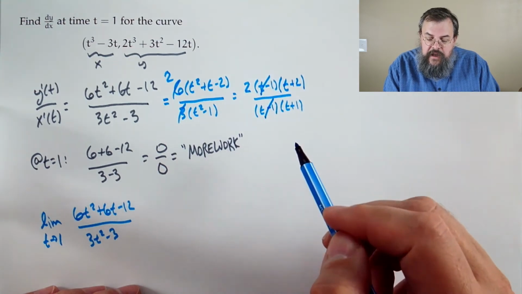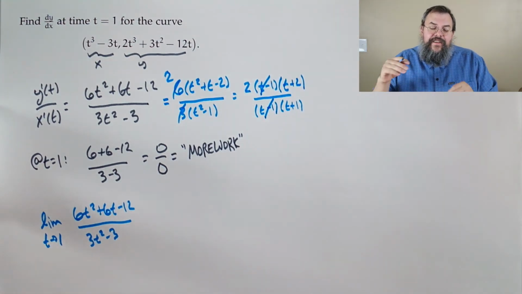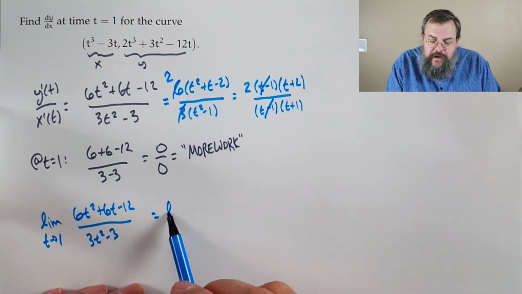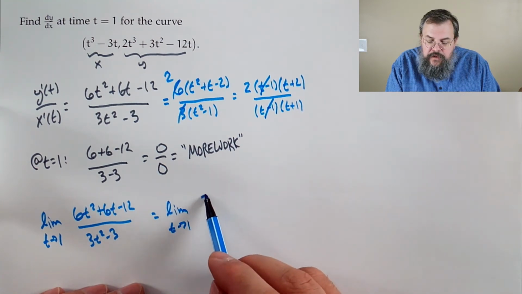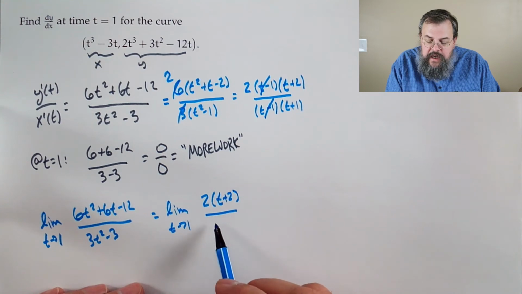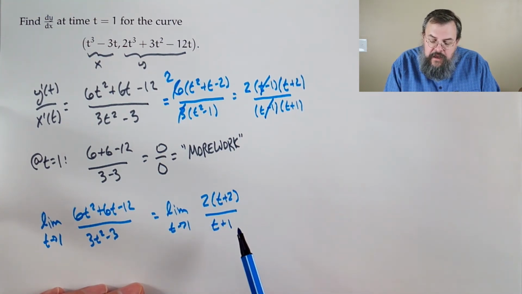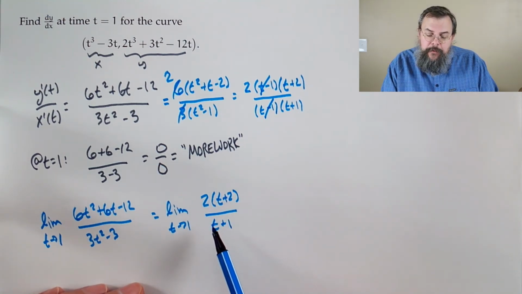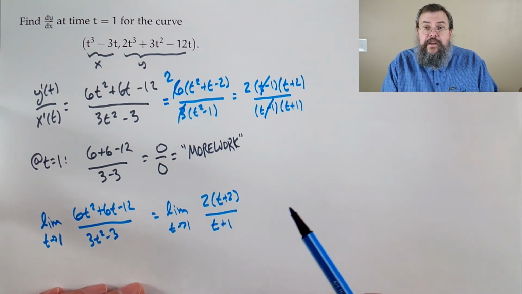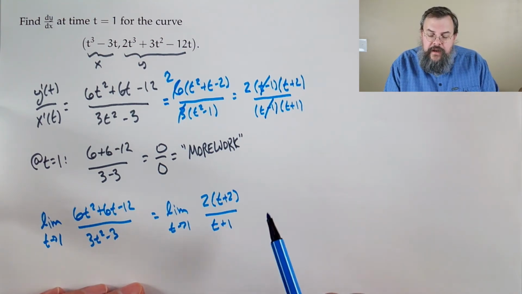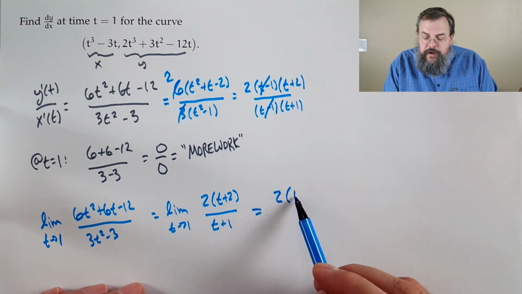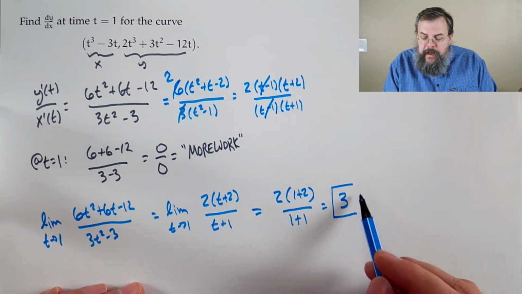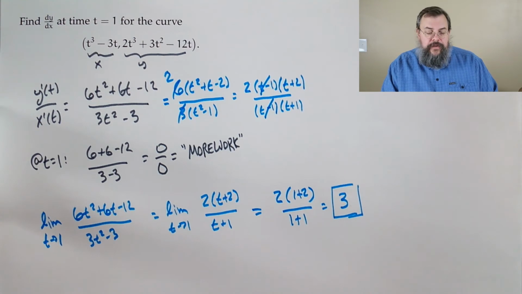So other than at time t equals 1, our expression is 2 times t plus 2 divided by t plus 1. That's how our derivative behaves everywhere other than t equals 1. Plugging t equals 1 into this, it should behave that way at t equals 1 as well. So we get 2 times 1 plus 2 over 1 plus 1, which is 3. And that's what we'll take as the derivative.